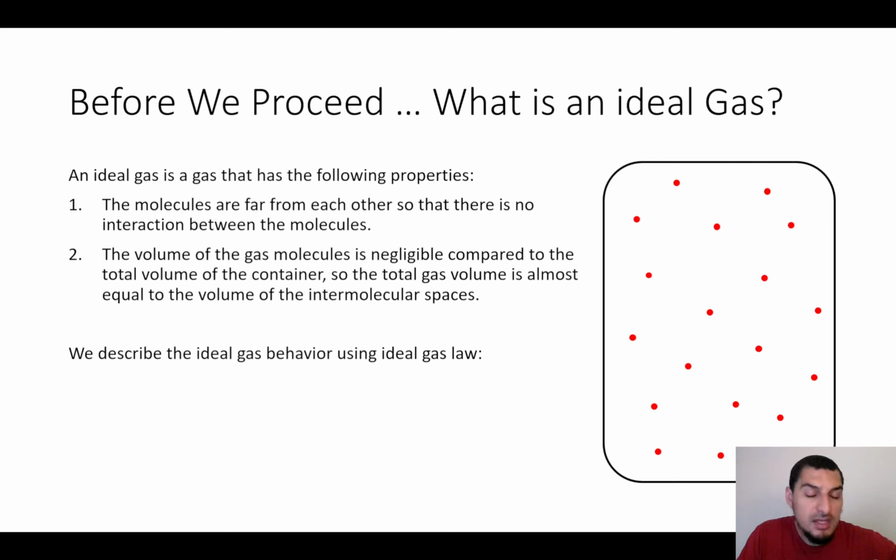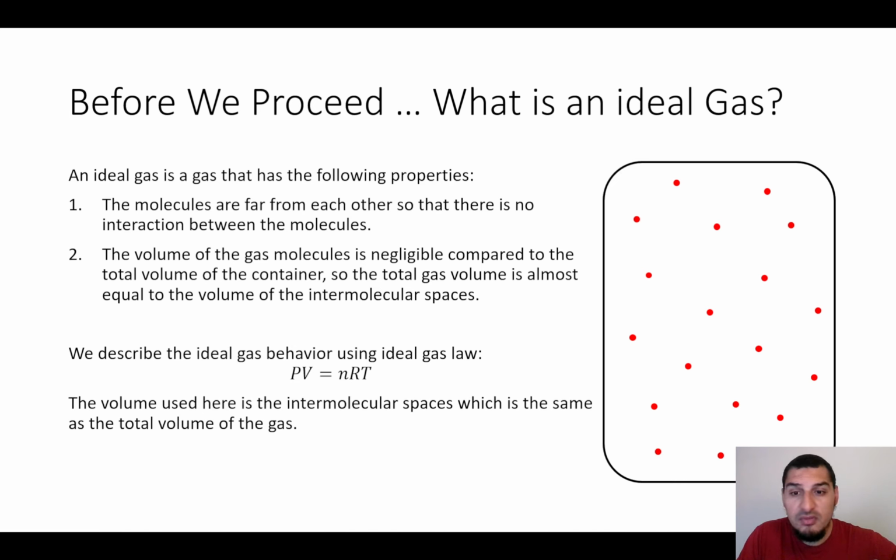So the ideal gas is described using the ideal gas law, which is PV equals nRT, and this is a known thing. The volume here is used to describe the intermolecular spaces, which is the space between molecules, or the space that is not occupied by the molecules. So again, if I have 1 meter cubed of total volume, and the gas molecules are occupying 100 milliliters, which is 10 power minus 4, then 1 meter cubed minus 10 power minus 4 is the volume that we should substitute here.